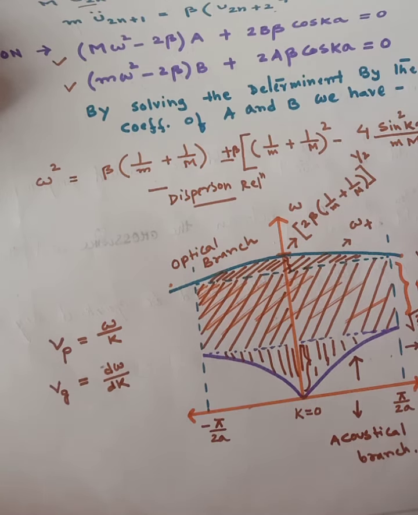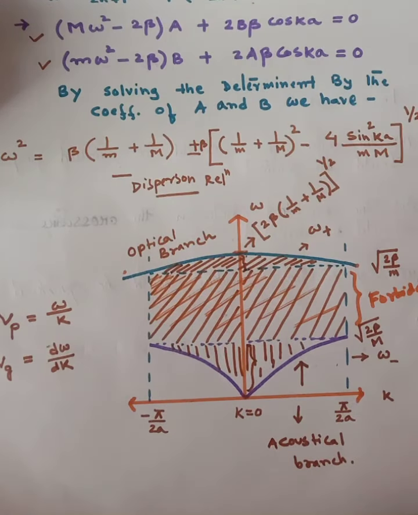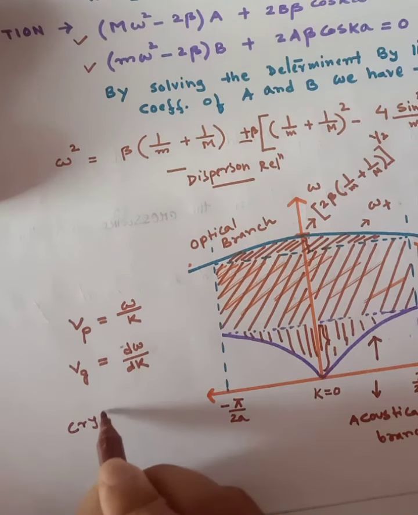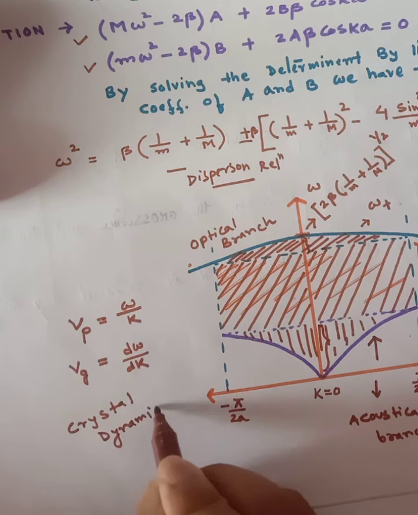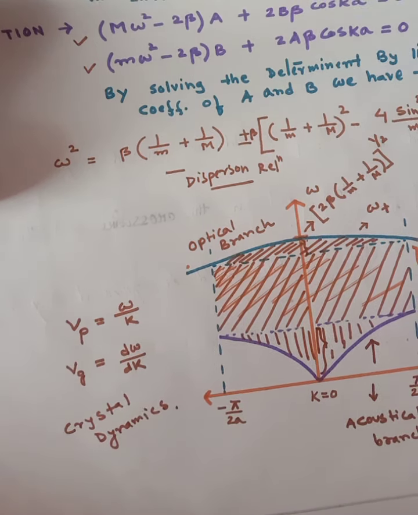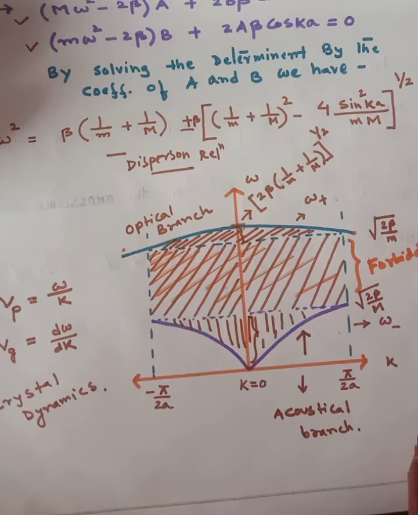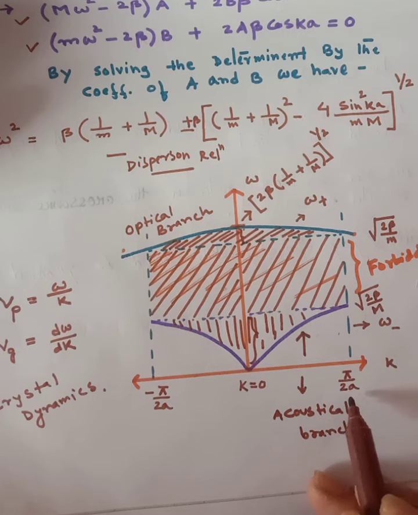So this type of dispersion relation is very important to analyze crystal dynamics. And here the range of k is from minus pi by 2a to pi by 2a.